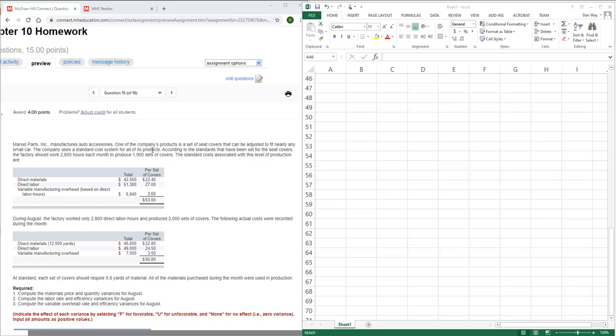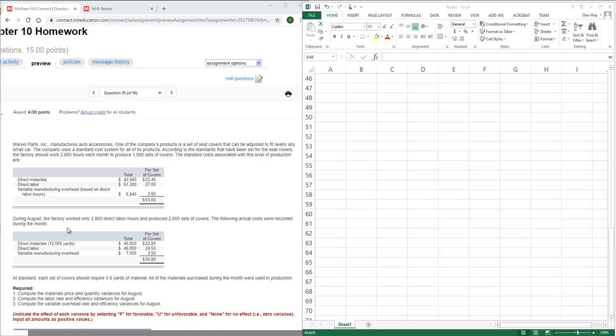According to standards, the factory should work 2,850 hours each month to produce 1,900 sets of covers. The standard costs associated with that level of production are shown here. So direct materials $22.40 per set, direct labor $27 per set, variable overhead based on labor hours $3.60 per set.